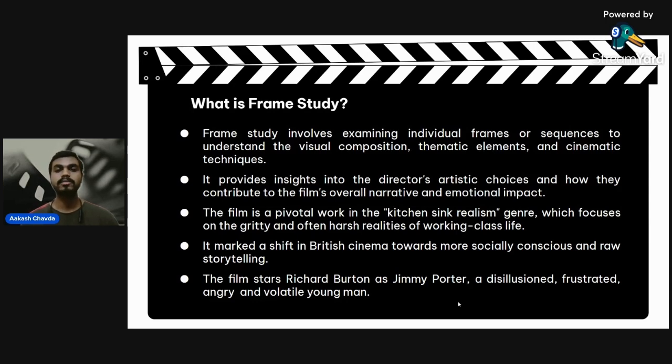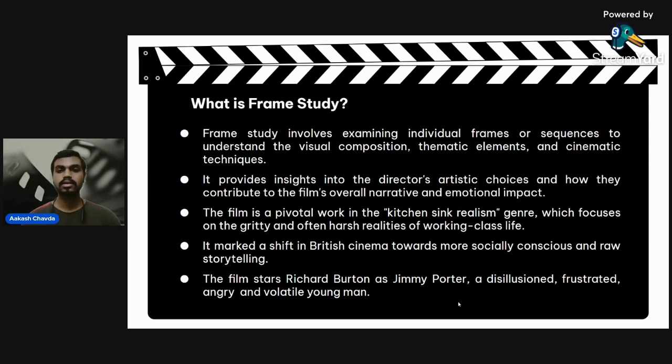This binary between upper middle class and working class is clearly shown in the movie, and because of this their marriage is unhappy and miserable. Jimmy is a volatile, disillusioned, angry and frustrated man. This couple lives with Jimmy's friend Cliff, and later on Allison's friend Helena also comes into the movie.